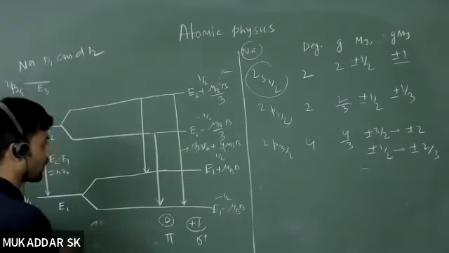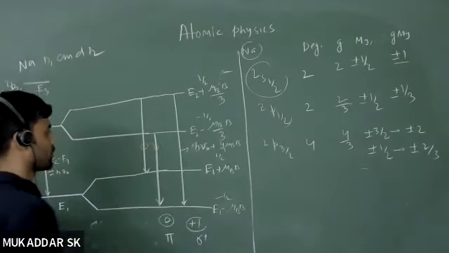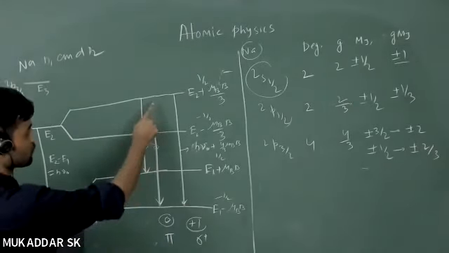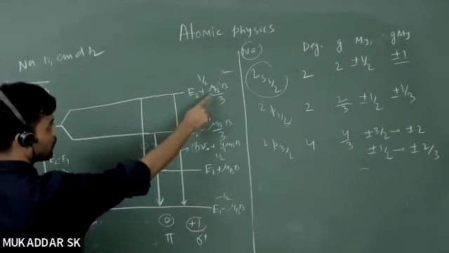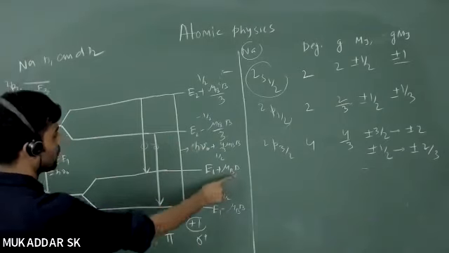Now one thing, can you tell me, will there be the same energy for this delta mj? Two lines are there. Will the energy be the same here? So you see here delta mj equals 0. So E2 plus mu B by 3, and here the energy is how much? E1 plus mu B, right?